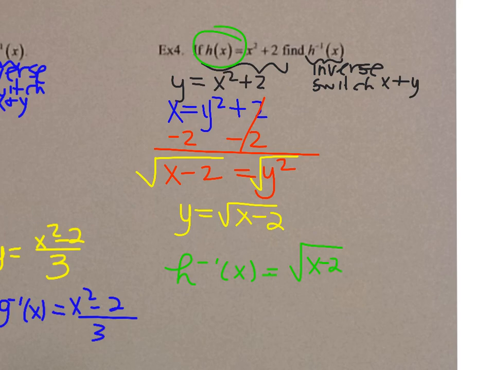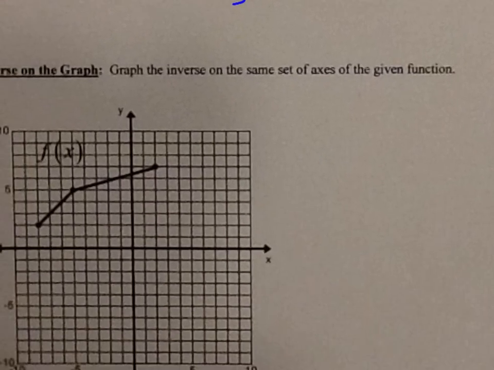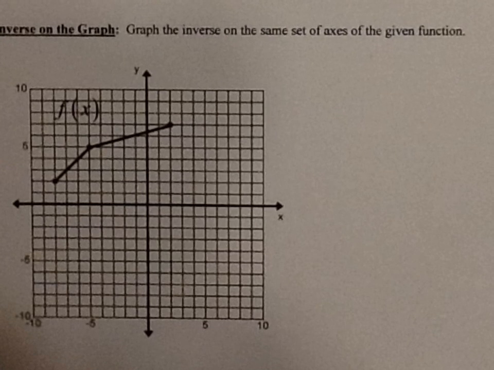All right, the last thing we need to go over is the graphing, which is not too hard. All right, it says graph the inverse on the same set of axes of the given function. So here's my function f of x. So the best way to do this is to first find some important points that would help you graph this function. So I'm going to use this point here on the left, right?